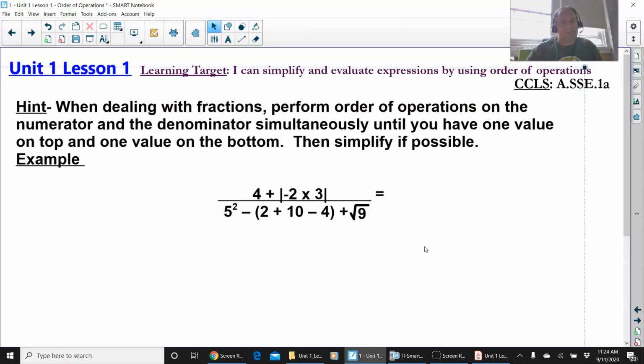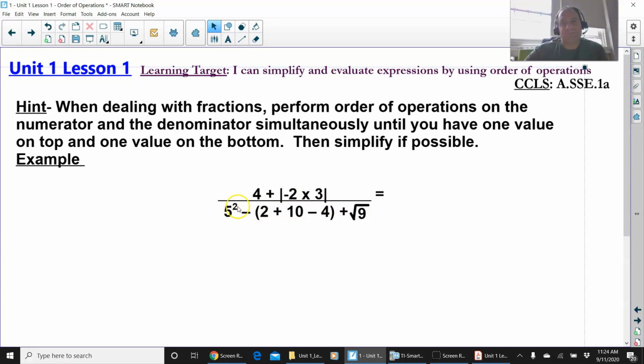Okay, go to this problem. This is on the next page, and this is the hint: when dealing with fractions, perform order of operations on the numerator first and then the denominator simultaneously until you have one value on the top and one value on the bottom. Then simplify if possible, and here's the example.